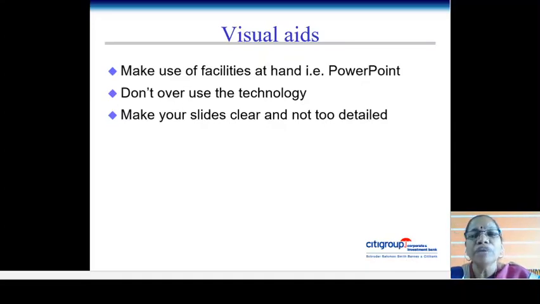One slide should have at most 5 to 6 points. If you put on a crowded slide, the audience may not get what is on it. Your slide should be very clear and not too detailed.